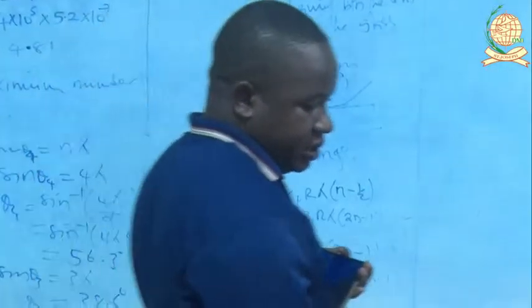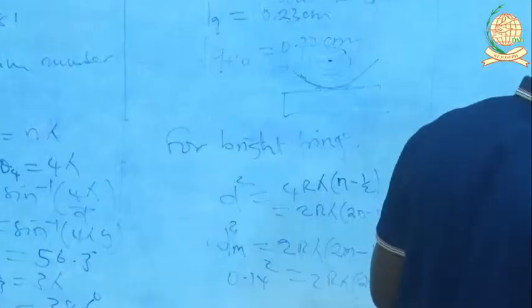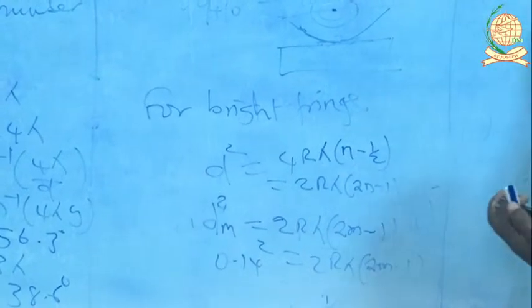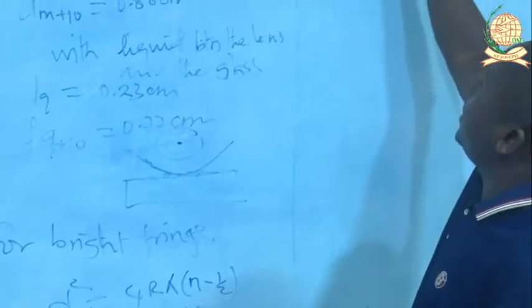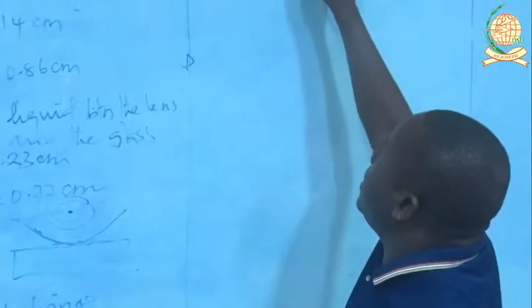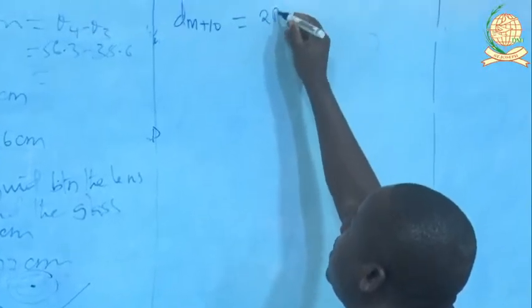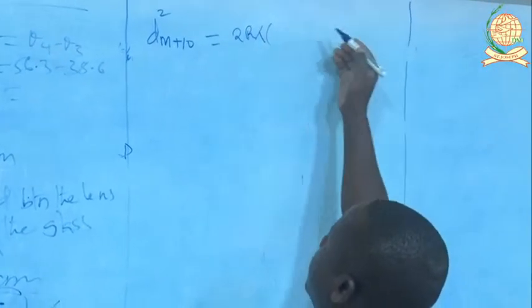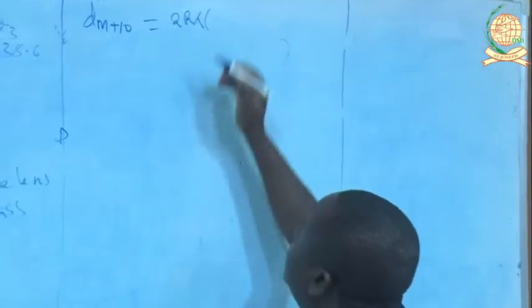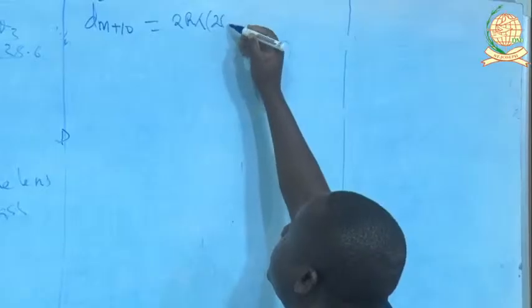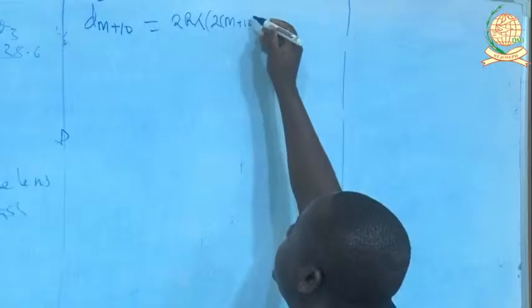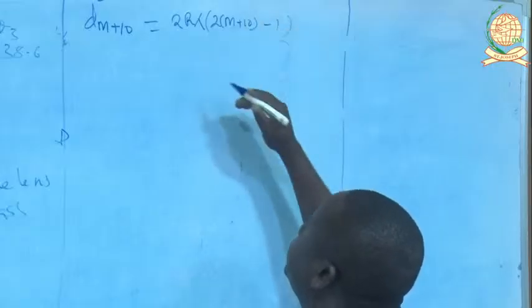After that, you go for the second, when it is dm plus 10 square, the answer is equal to 2r lambda bracket, now it is 2m plus 10 bracket minus 1.